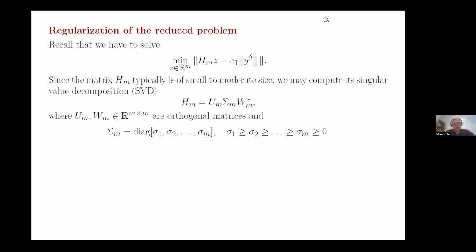Since the matrix H_m typically is small compared to the dimension of A, or has moderate size, we may compute its singular value decomposition. So we apply SVD. We find the SVD of H. Its dimension is m, so it has m non-zero singular values.